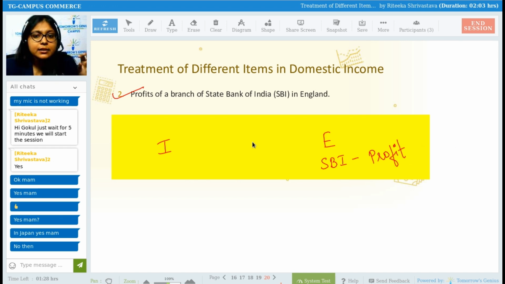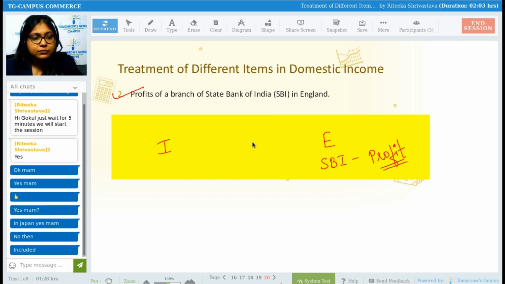So now tell me, will this profit be included under national income or not? Yes or no? Very good. Will it be included under domestic income?